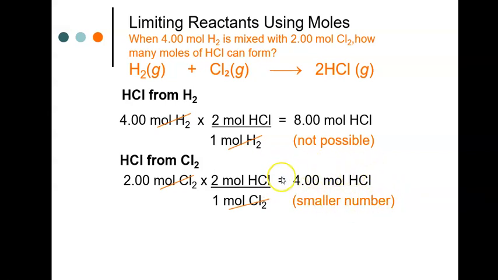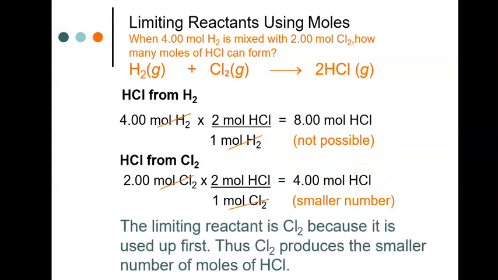So in this case, you can only get 4 moles of HCl because your chlorine is your limiting reactant. Limiting reactant limits your products. So you cannot get 8 mole of HCl because you are out of chlorine. Once you produce 4 moles of HCl, the reaction will stop.